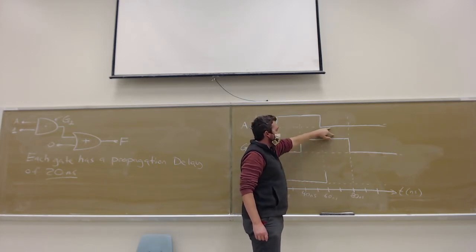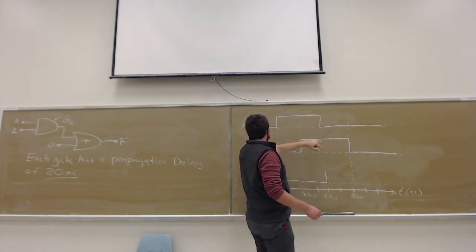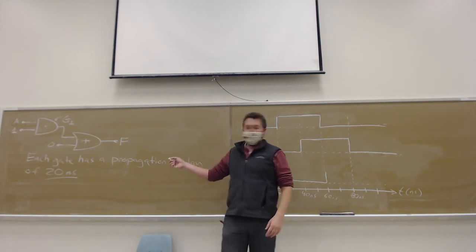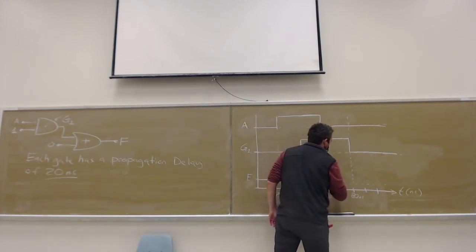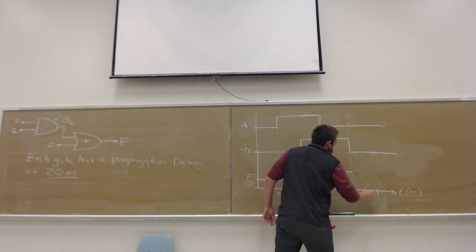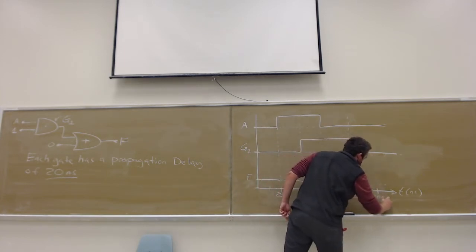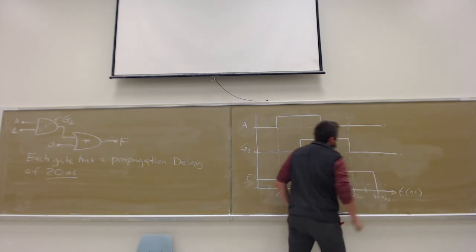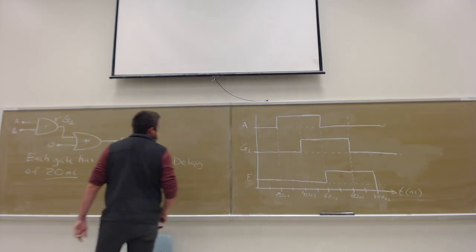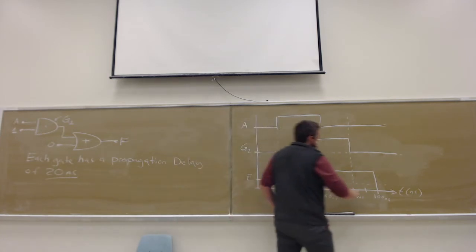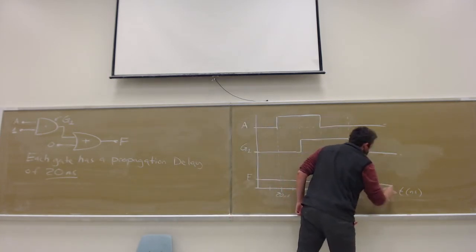So here A is equal to 0, but G1 is still equal to 1, which means our output F is going to stay 1, at least to that point, and then G1 goes to 0. So we have 0 and 0 at our OR gate, which means it's going to take another 20 nanoseconds for F to go back to 0. And well, we're done. Then it stays 0.